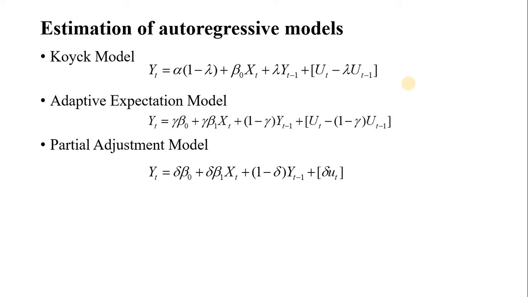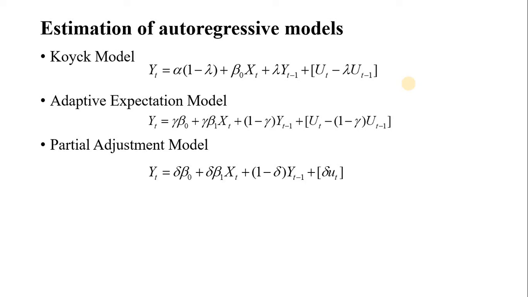If you look at all these three models, the first was an infinite lag distributed model, but we have converted it into a three variable autoregressive model. That was the main contribution of Koyck.